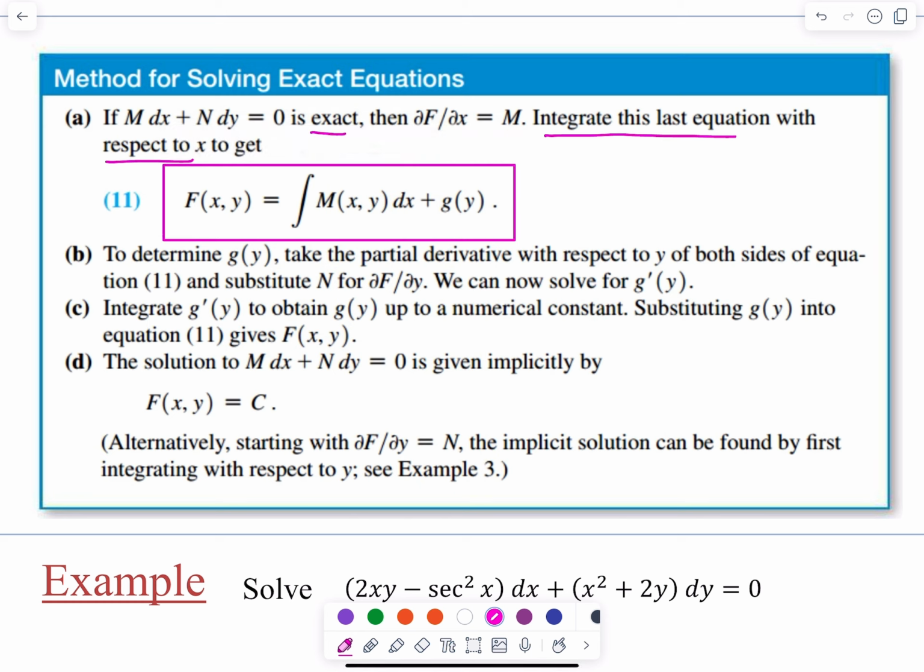We will also go ahead and have this constant be a function of y. And this is because y is held fixed while integrating with respect to x here. And so our constant may depend on y.